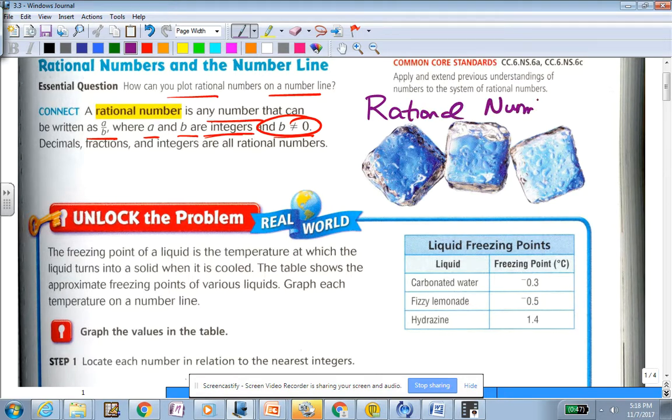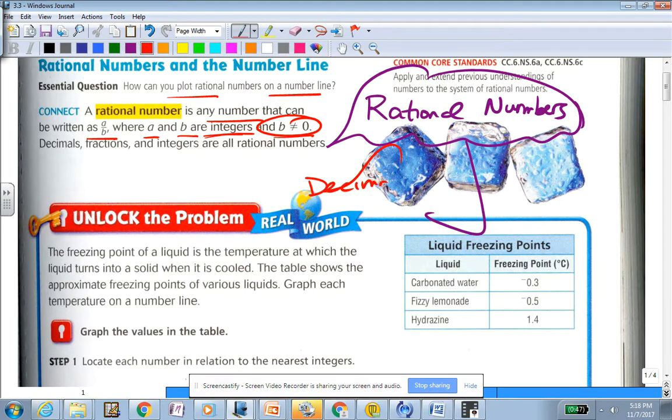Under this umbrella are decimals, fractions, and what we just discovered, integers. So rational numbers are not just positive and negative whole numbers. They're decimals, they're fractions. They may be positive decimals, positive fractions, negative decimals, negative fractions, all included in rational numbers.